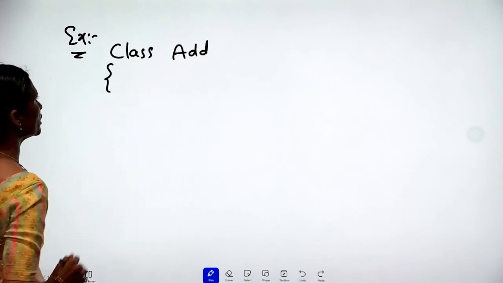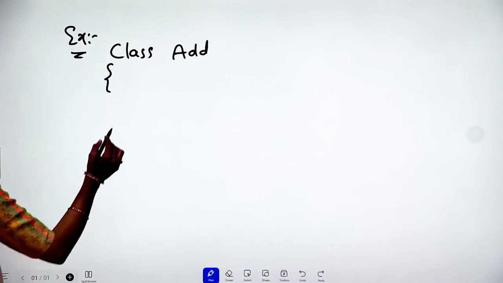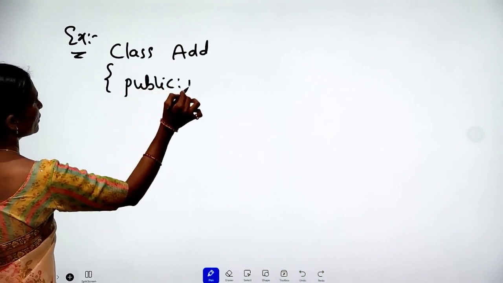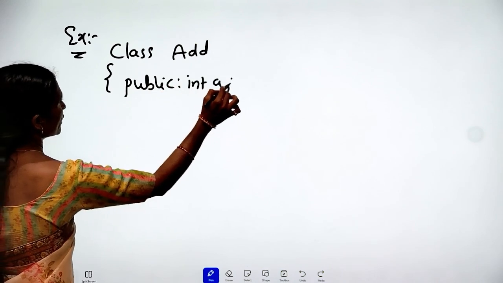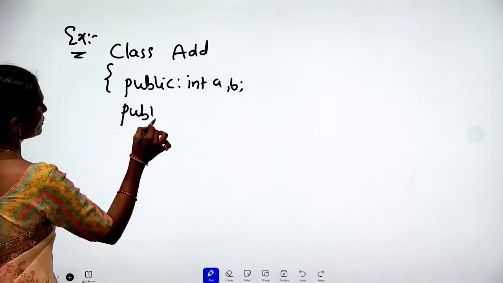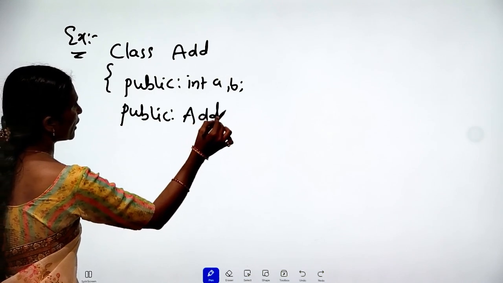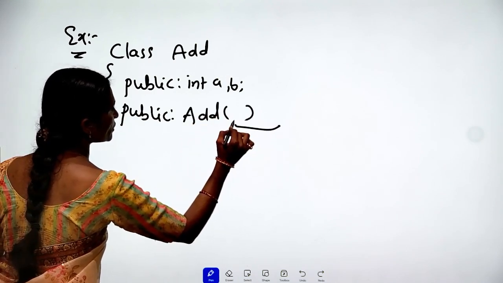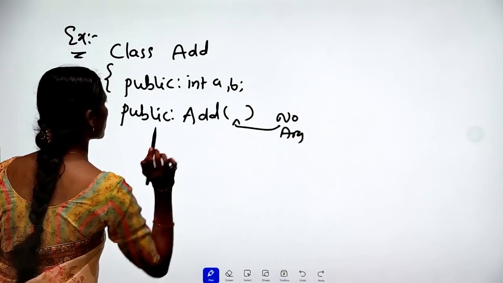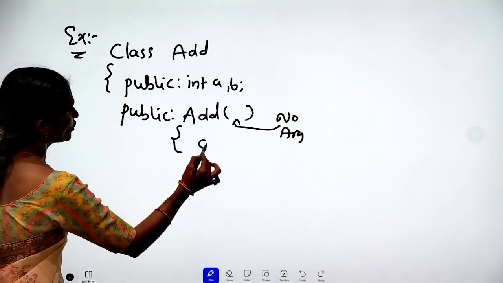Now, we are going to perform the addition of two numbers. We are not passing any arguments. Public, int A and B, and we are going to write the constructor, and here no arguments. In this, we don't have any arguments, no parameters. Hence it is the default constructor. First, what we are doing?